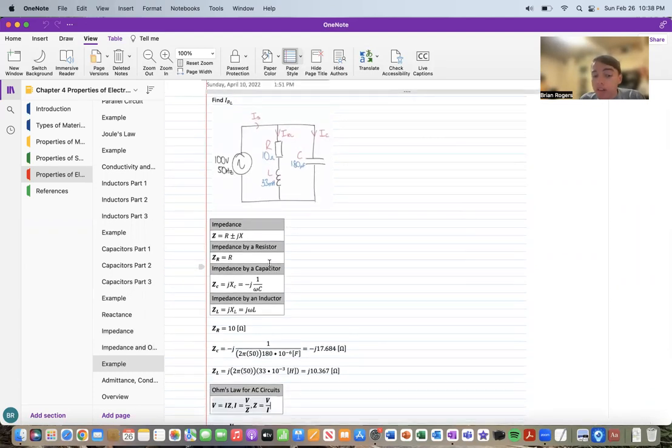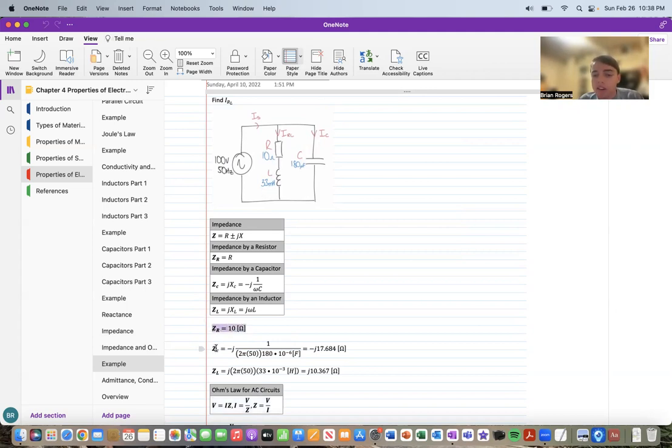Now that we talked about that, let's look at one example. And so this example involves a sinusoidal source. And notice that we have inductors and capacitors. So we know we're going to be dealing with impedance because we'll have both resistive elements and capacitive and inductive elements. Looking at our resistor, we have a 10 ohm resistor.